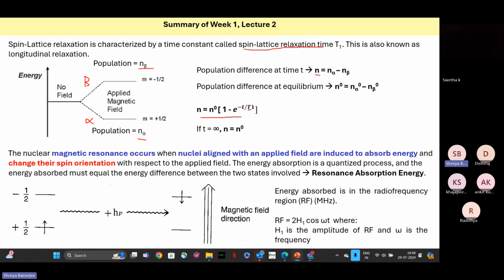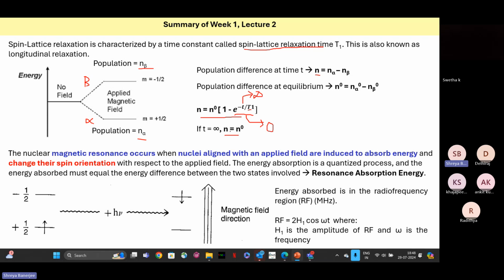So longer the spin lattice relaxation time. Suppose this value of t is infinity, then this term is going to 0. If t is infinity, this entire e term is going to 0. So n equal to n naught.